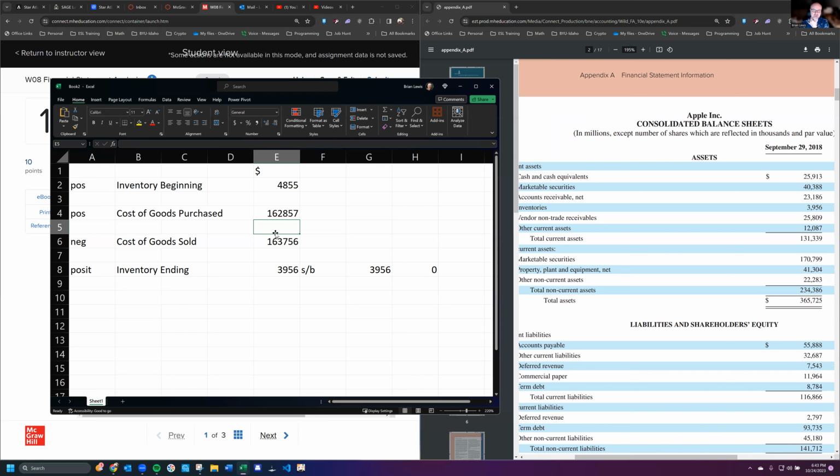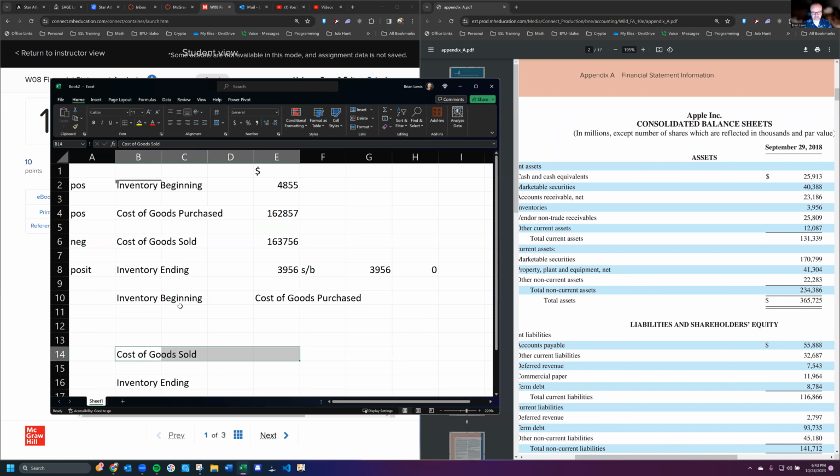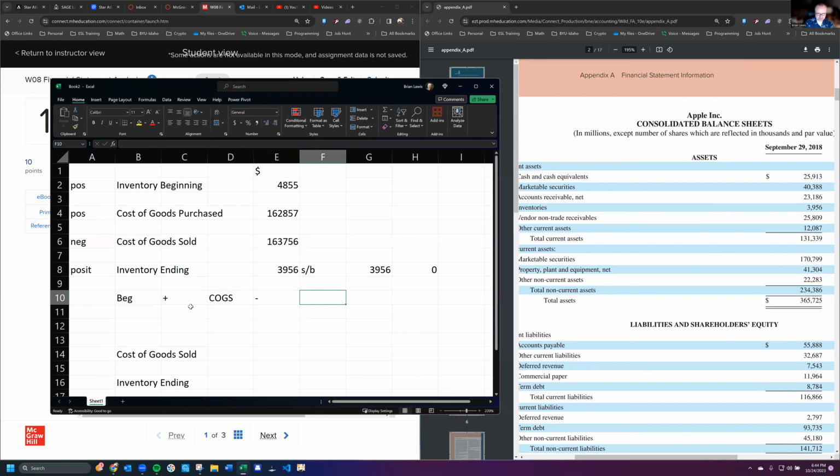This is one way of doing it. The other way of doing it is, let's just copy all these and we'll do a good old algebraic formula type of approach. Beginning inventory plus cost of goods purchased minus cost of goods sold equals ending inventory.